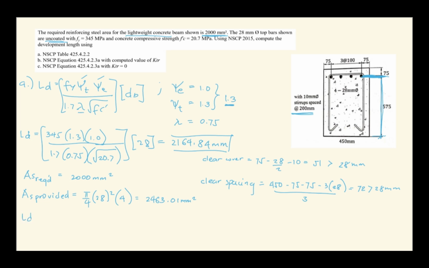So let us say the development length adjusted is equal to 2164.84 multiplied by 2000 divided by 2463.01. This will now give us 1757.88 mm.